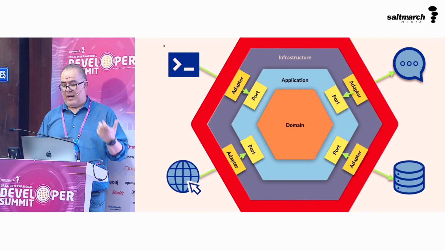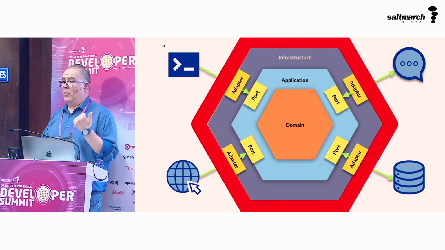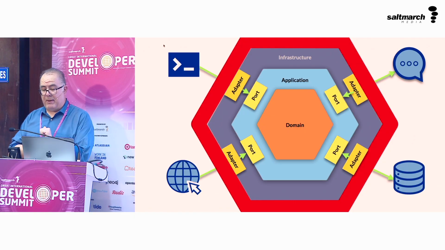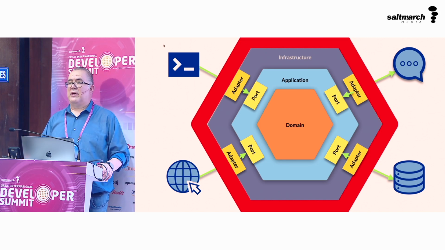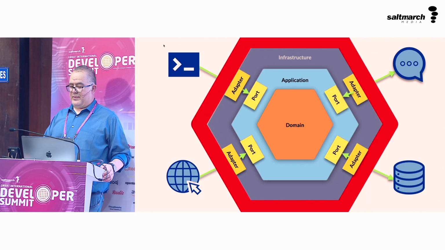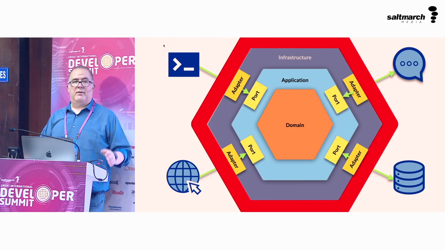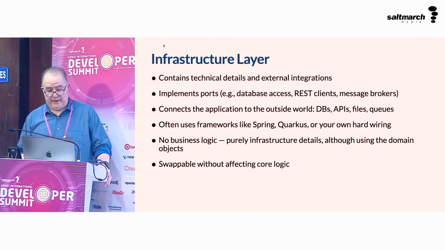Those are the concrete implementations, and you're going to have that in the infrastructure. This is where you'll wire in your components as well. So if you use Spring, if you use Quarkus, if you use Guice, or if you are the developer that's like, no, I'm not going to use a framework, I'm just going to wire things raw. Hey, you could do that as well. So up to you, whatever you want to do at that infrastructure level.